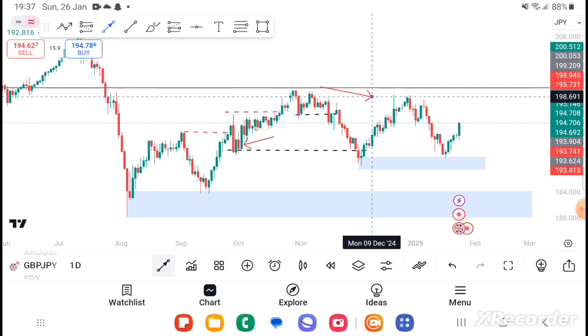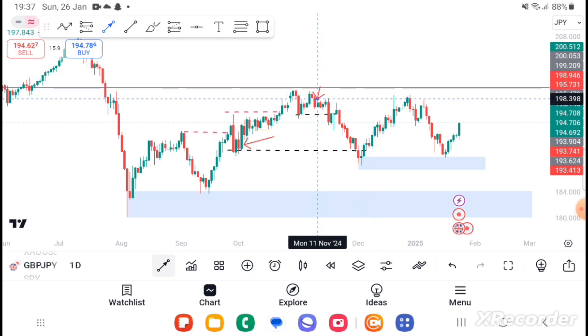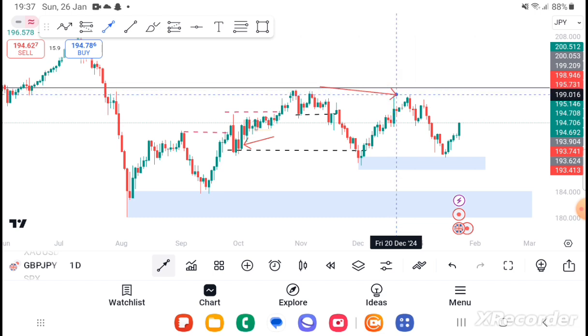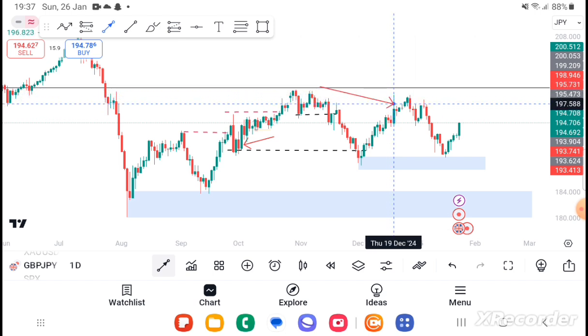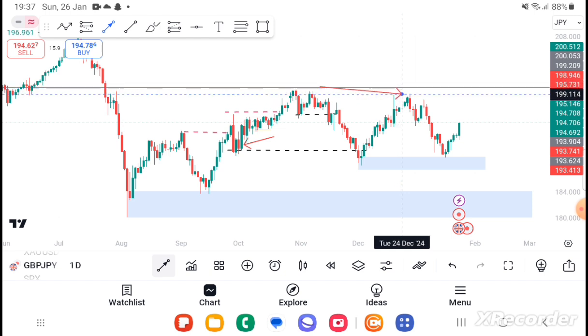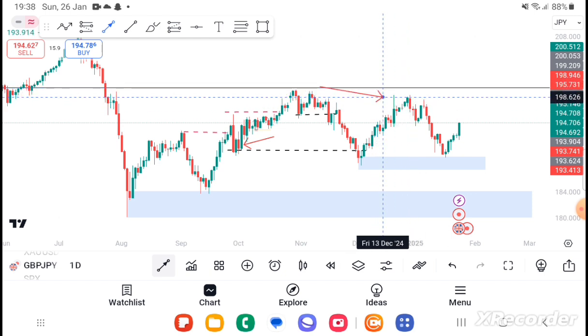Then it also targeted this liquidity on top here, right? So it came, took out that liquidity, filled up a fair value that was created by this wick. Okay, when you go to the lower time frame, you see it as a fair value gap. So it filled it up, then finally took this liquidity on top.